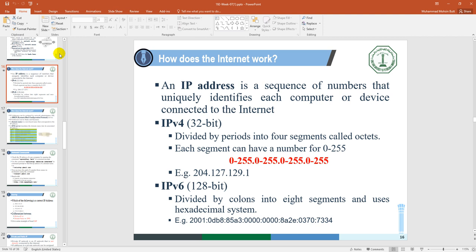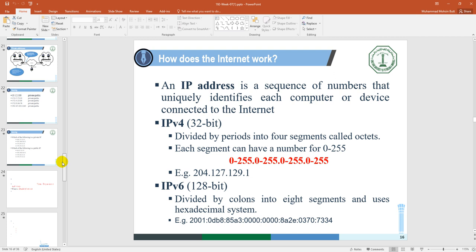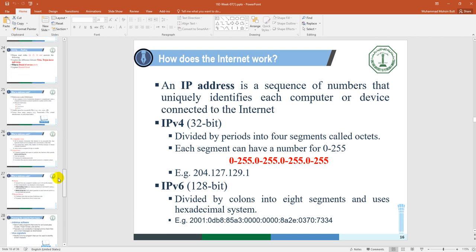I told you we use this IP address to find a destination computer system, but once we reach that computer, we need what we call port numbers to identify which application to communicate with. And these port numbers are like virtual gates. So most of these gates must be protected so that a hacker cannot intrude into your system and get remote access to your computer.